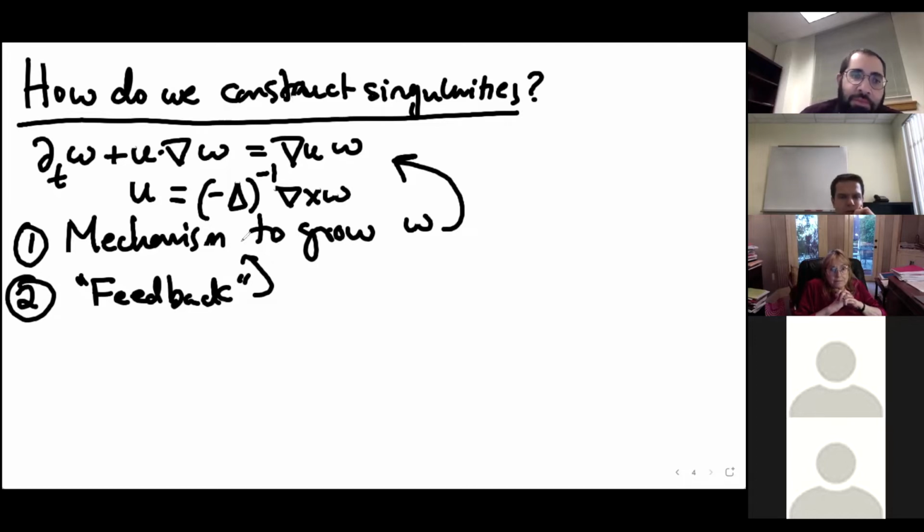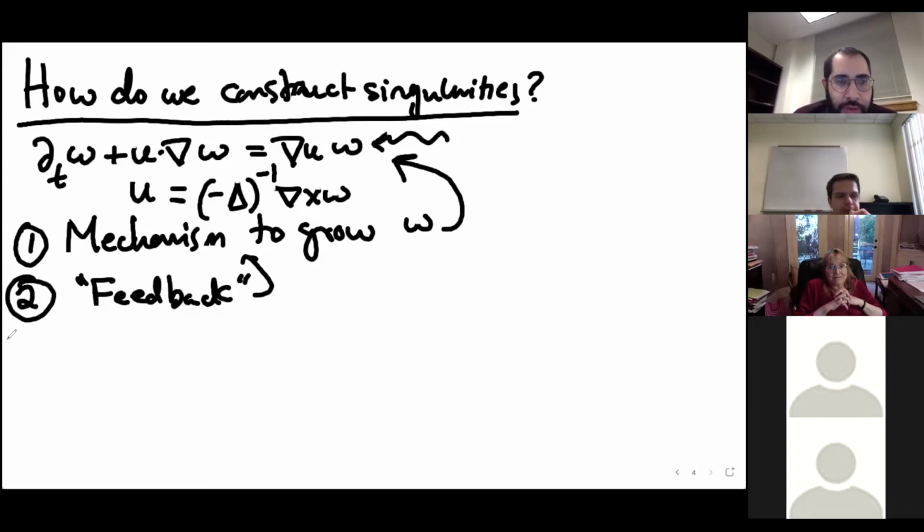But when we think about mechanisms for growth, we're thinking about, if you have an equation that looks like this, with a velocity that you can just come up with yourself, how can I get the vorticity to grow? What shape of the velocity, or shape of the motion of particles, will lead the vorticity to grow? And then you can think about how that affects the velocity itself and how there can be some kind of feedback.